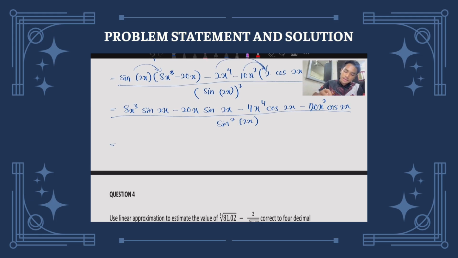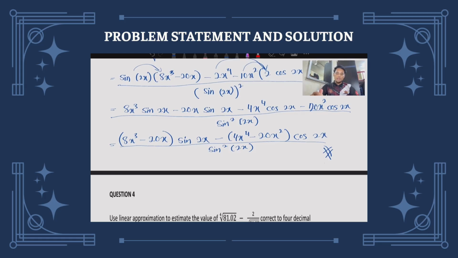You just take out the common number. 8 open bracket 8x to the power of 3 minus 20x close the bracket, you write sine 2x, minus, you write 4x to the power of 4 minus 20x to the power of 2, and close the bracket, you write cos 2x over sine 2x. This is the final answer you get.